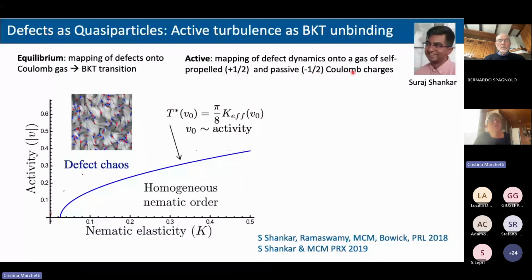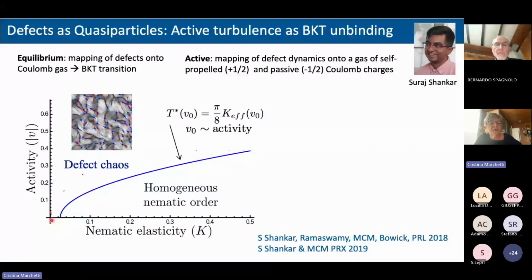And we actually showed some years ago that this transition to this state of spatiotemporal turbulence, or what we sometimes call defect chaos, in the plane of activity and nematic elasticity can actually be understood as an activity-driven sort of BKT-type unbinding.